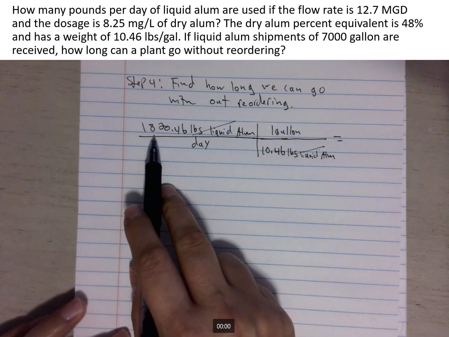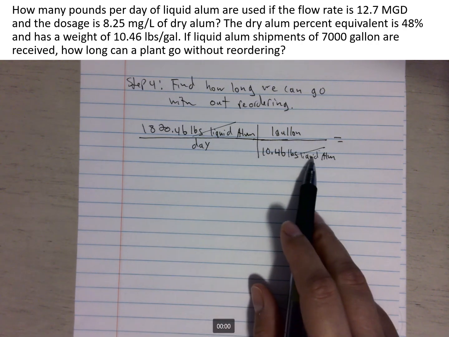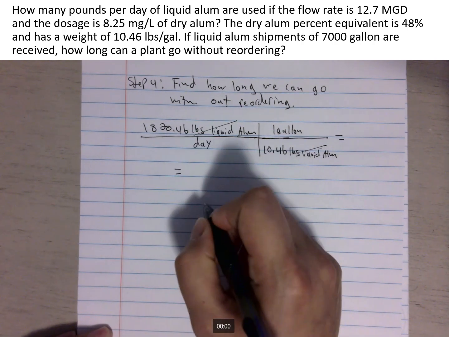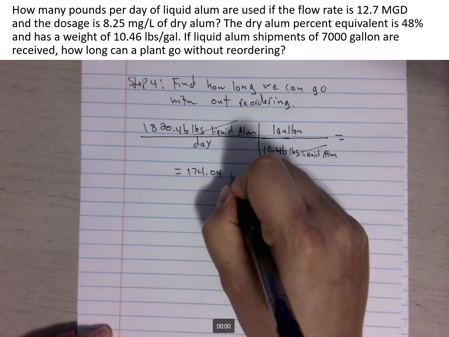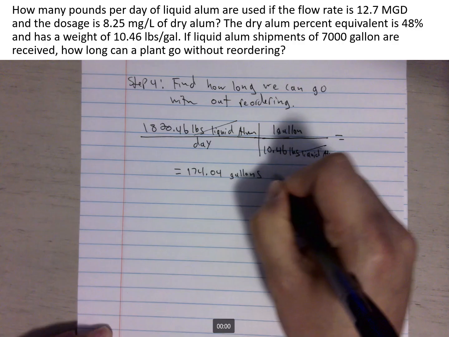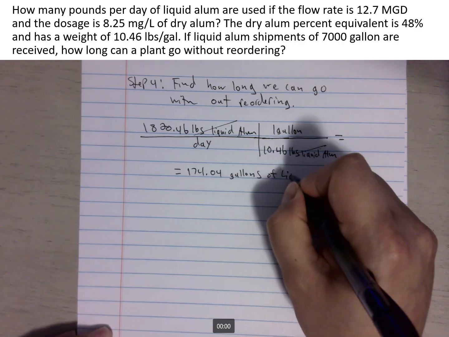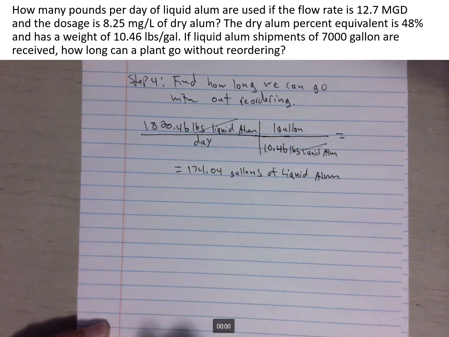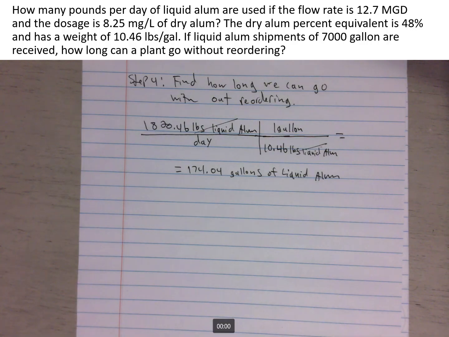So we take 1820.46 divided by 10.46 to give us a number. I'll put it down here. 174.04 gallons. And that's of liquid alum, right? Now we've found our gallons of liquid alum that we're using, right?